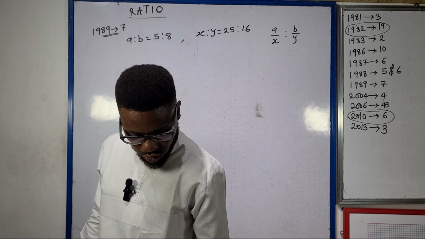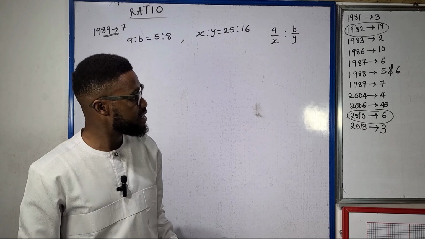Moving on to the next question, we have 1989 question 7.